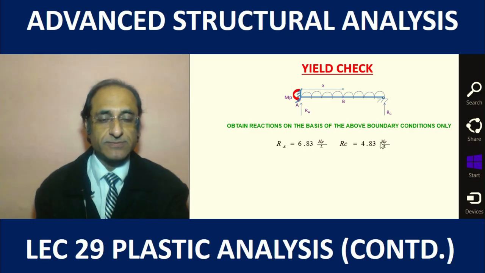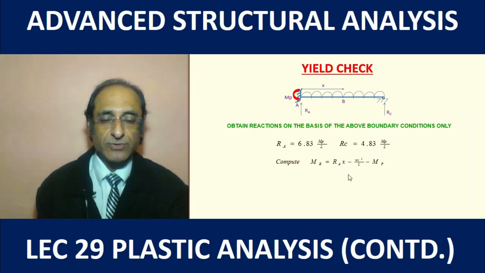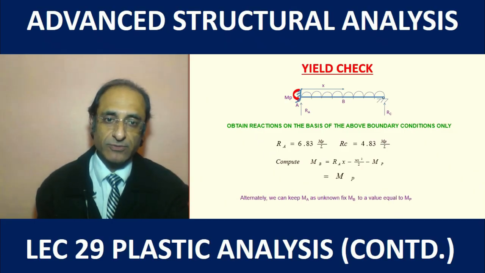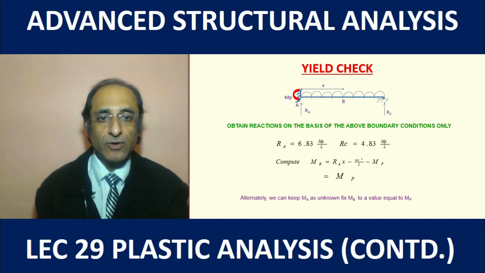Once we have these reactions, we can then compute the bending moment at B, that is MB, using simple equilibrium of the part AB, and the answer comes out to be MP. So this means that the yield condition is satisfied. Alternatively, we can assume that the bending moment at B is equal to MP, and we can keep the bending moment at A as unknown, and we can compute by following this procedure. So it has to be less than or equal to MP. So both ways we can do the yield check.